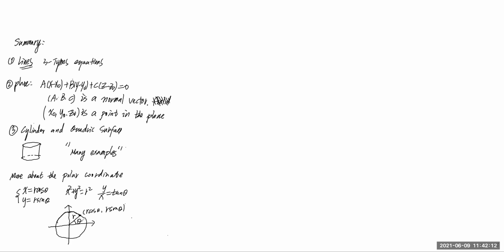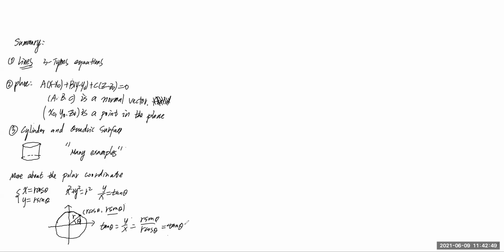This is theta. Why? Because tangent theta is y over x, which is r sine theta over r cosine theta. I hope it works for you because this is very important. Probably you forgot it from calc 2, so I just tell you again. So this is about the polar coordinate in a plane.